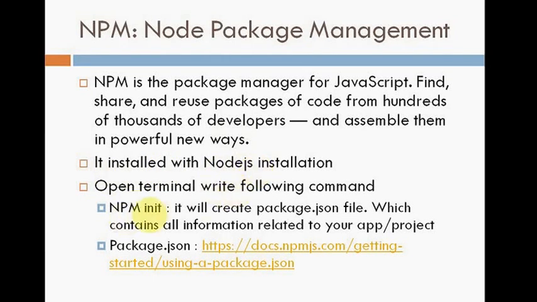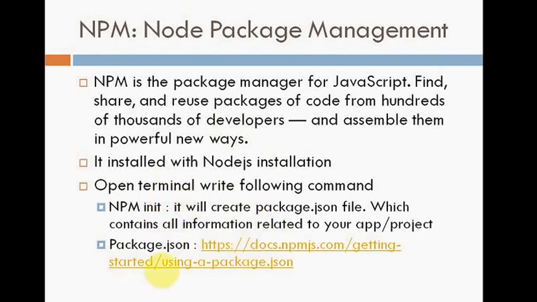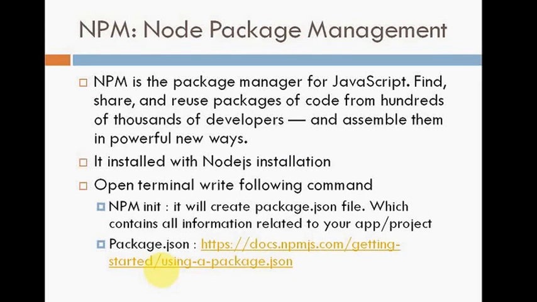You need not install any binaries for this. Once installed, the first thing is how to include it in your project. npm init will create a package.json file, which will contain all the information related to your project, like the name of the project, versioning, build number, the start page of your application, how you can perform test cases, and the GitHub URL.